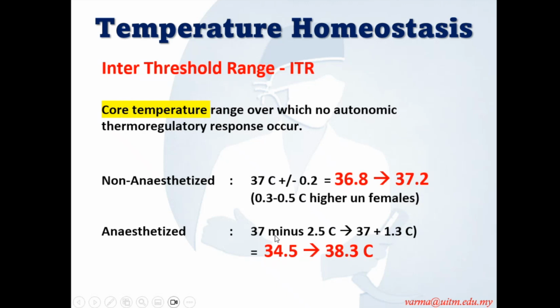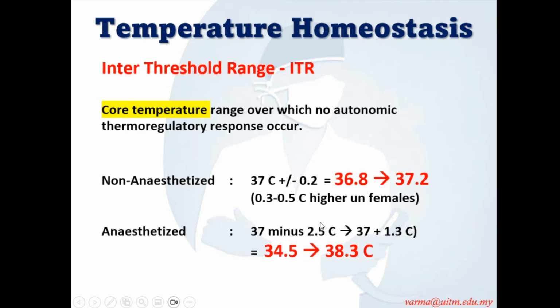It's 37 minus 2.5 at the lower end and 37 plus 1.3 at the higher end. So from 34.5 to 38.3 Celsius, there is no activation of the thermoregulatory mechanism to reset the temperature. There is no heat gain, there is no heat loss. Only unless it goes below 34.5 or beyond 38.3 will the thermoregulatory mechanism get activated.